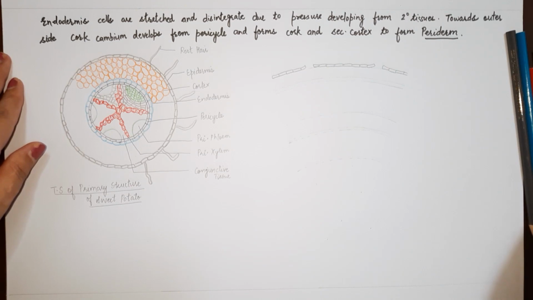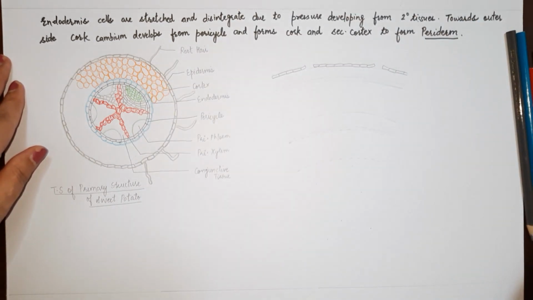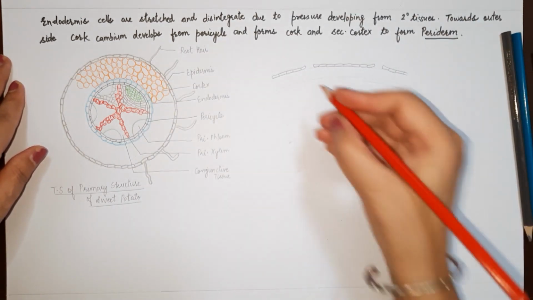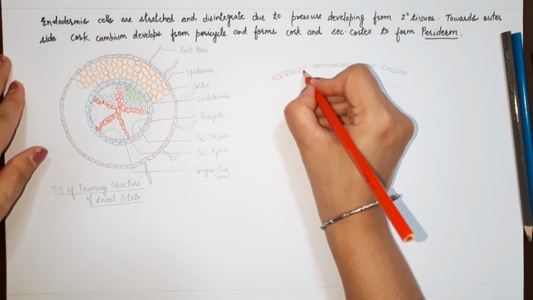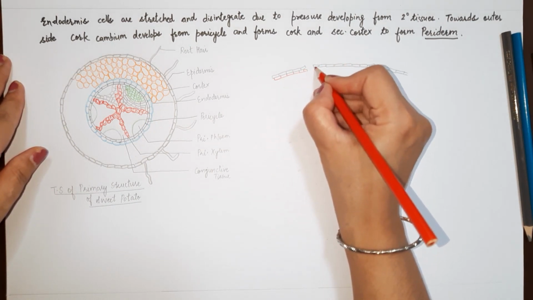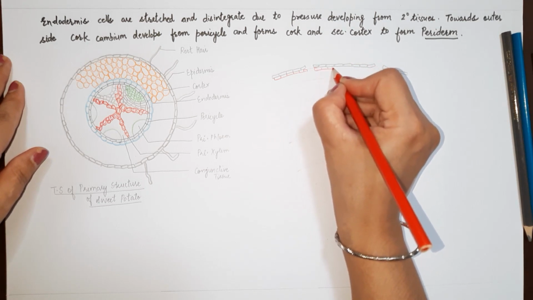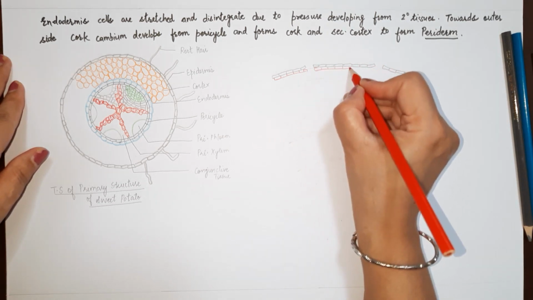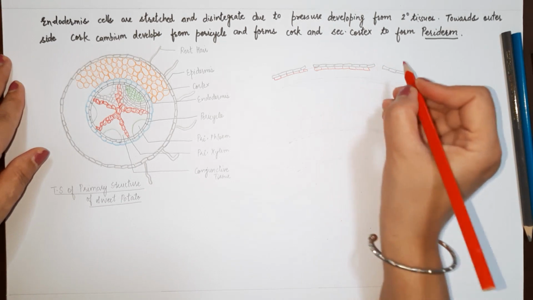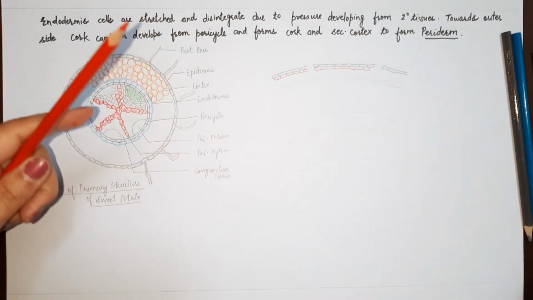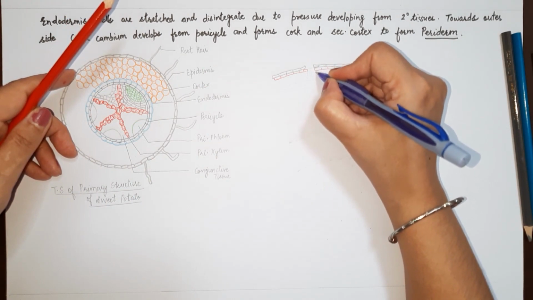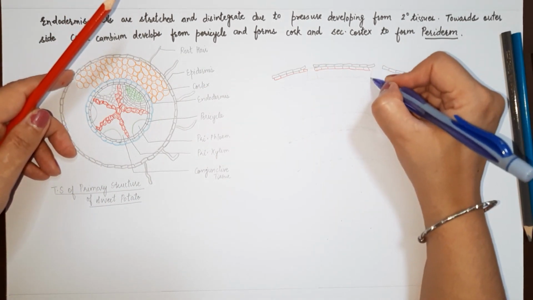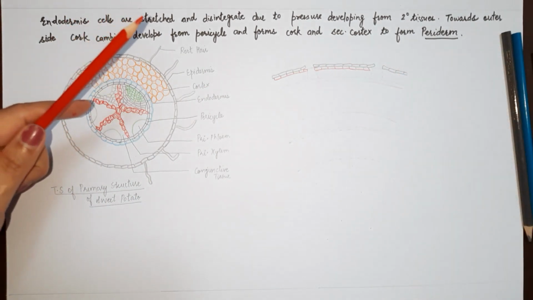Then we have the cork cells. Leave the areas below ruptured part to show lenticels.